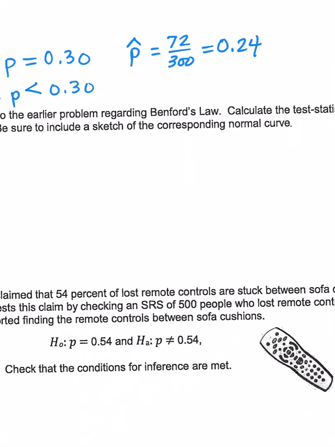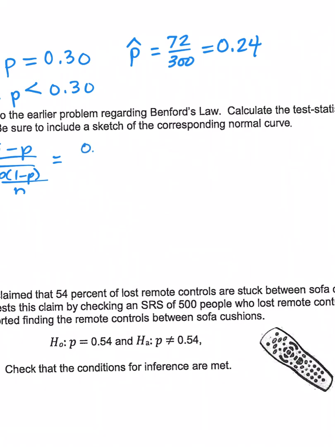So let's get our test statistic. So our z-score that we think is going to be what? P-hat, right? Minus p divided by the standard deviation. Square root of p times 1 minus p over n. So let's find this. What was p-hat?